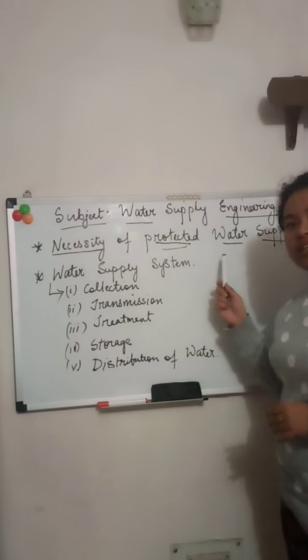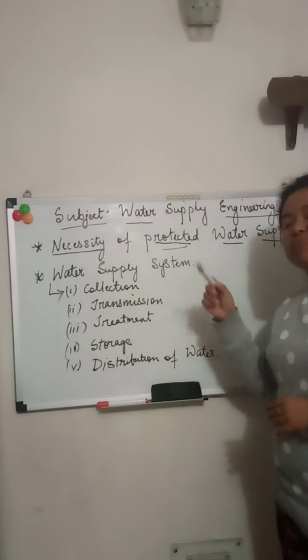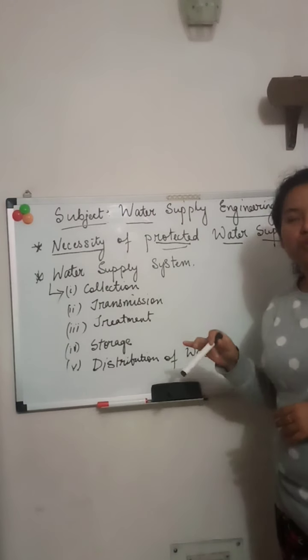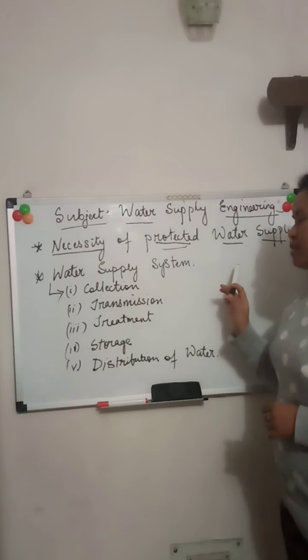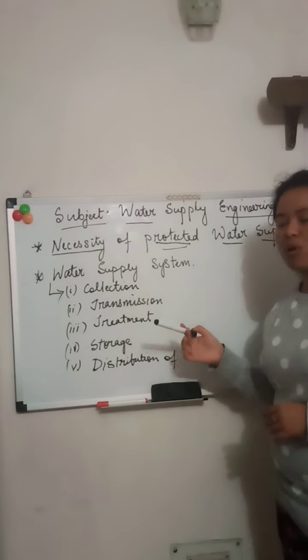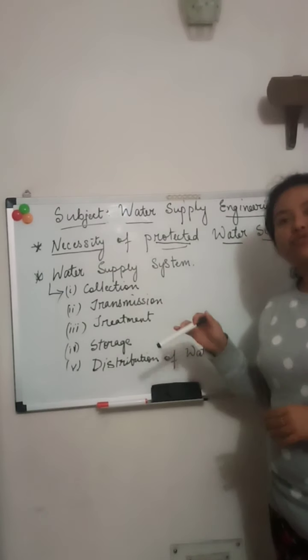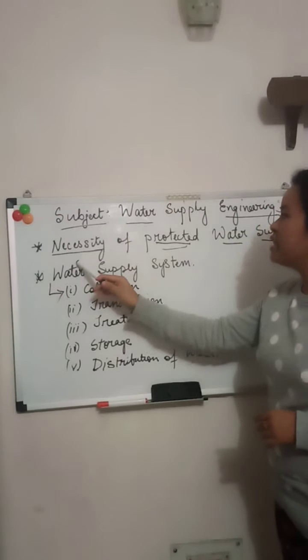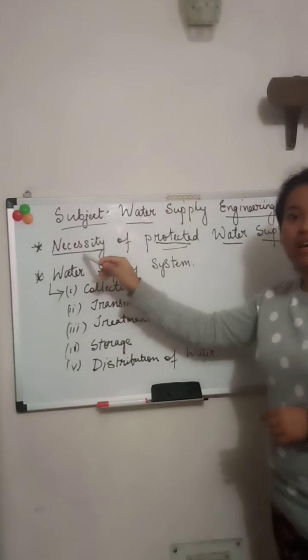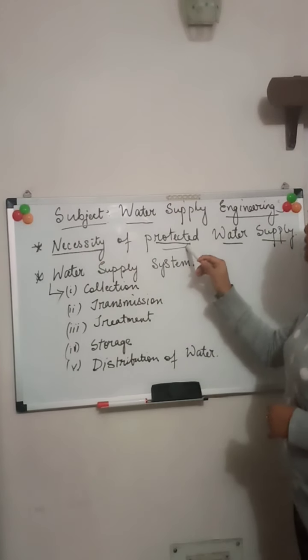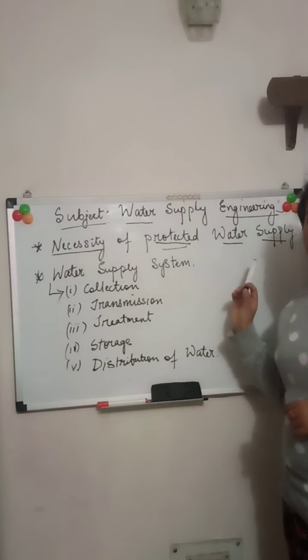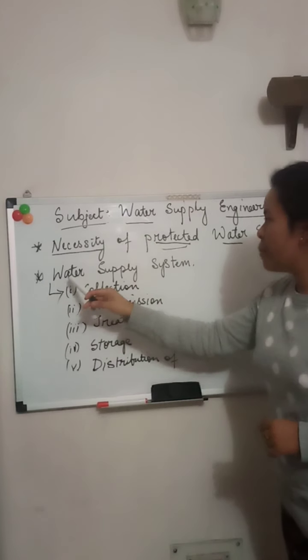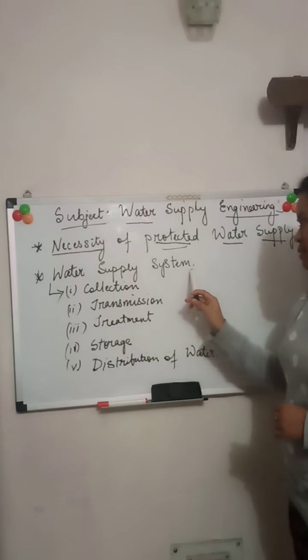If you don't protect the water supply, and people living in that locality or community take that water, then they are going to fall sick. That's why it is necessary that we protect the water supply.